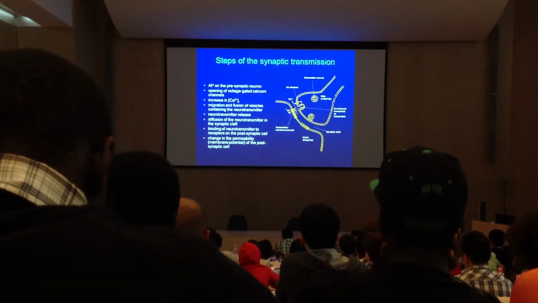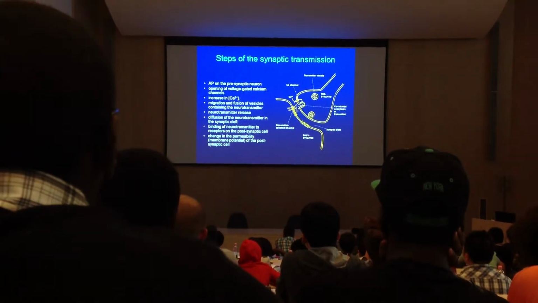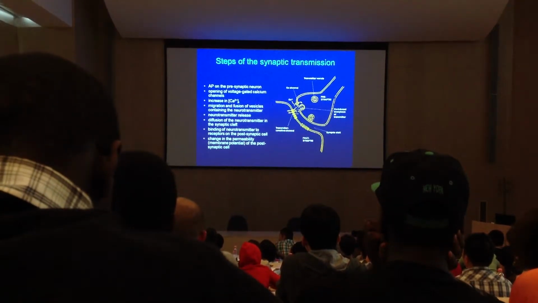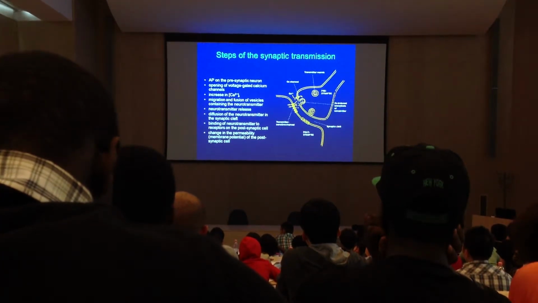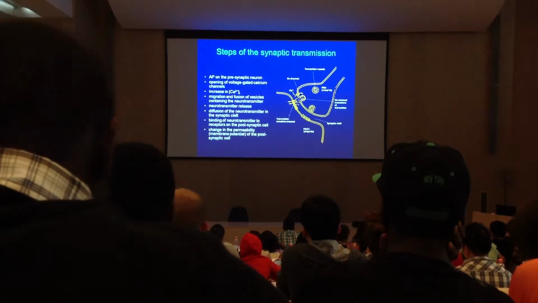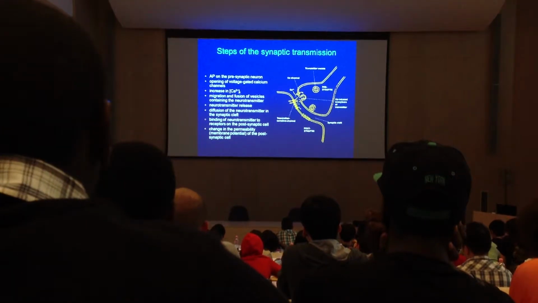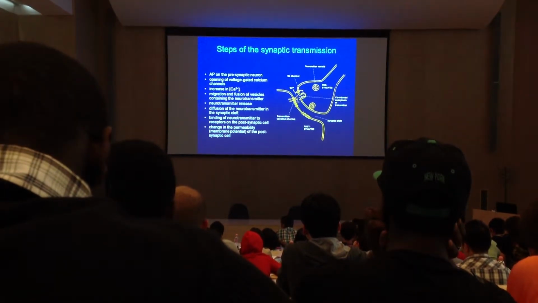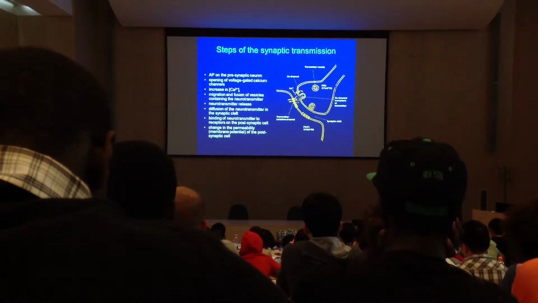And if this change is big enough, and it's a depolarization and reaches threshold, then an action potential is triggered in the postsynaptic cell. And the information has gone from this cell to this cell. Of course, later on, this neurotransmitter is eliminated so that a next action potential can generate a next action potential in the postsynaptic cell.